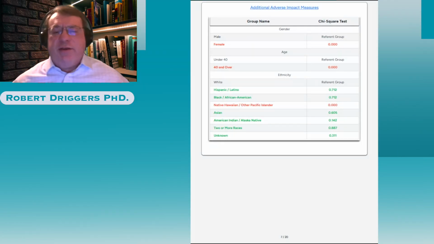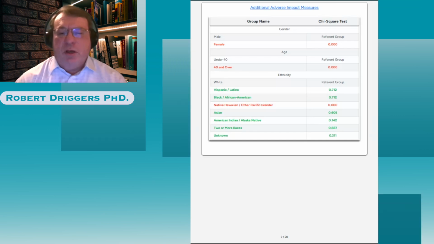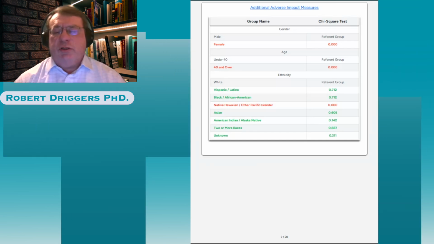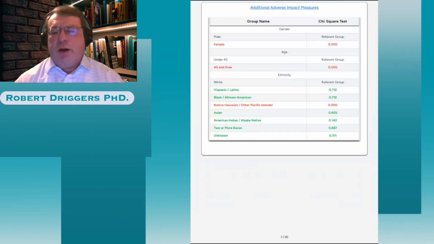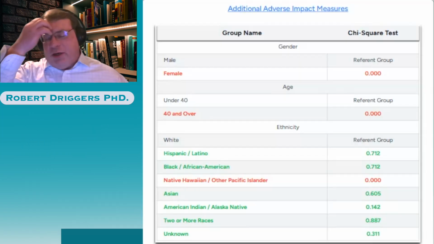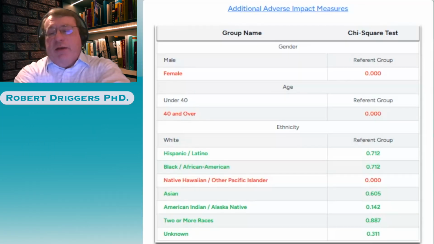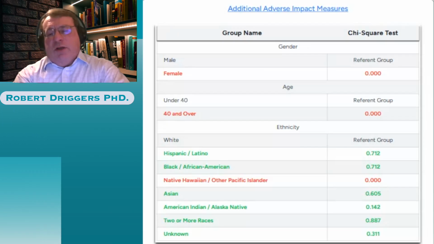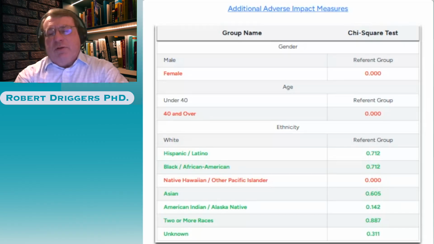Okay, so now we have additional adverse impact measures. And in this instance, we're using what's referred to as the chi-square test. The chi-square test is evaluated by looking at the significance value. When a significance value is less than 0.05, it's an indicator of a group difference.